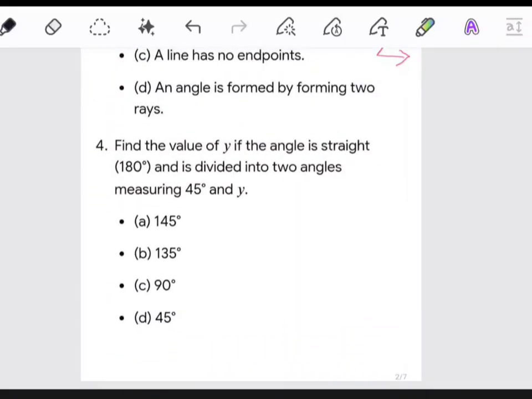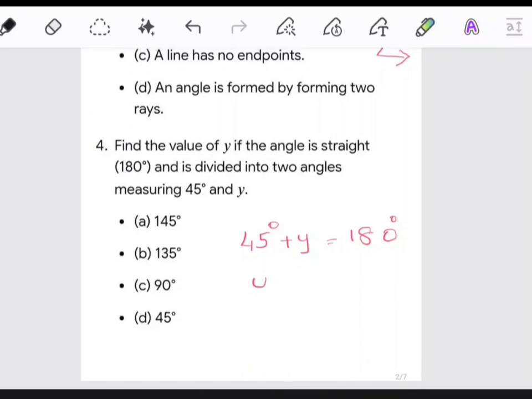Fourth question. Find the value of y if a straight angle, that is 180 degrees, is divided into two angles measuring 45 degrees and y. So we can write 45 degrees plus y equals 180 degrees, the straight angle.